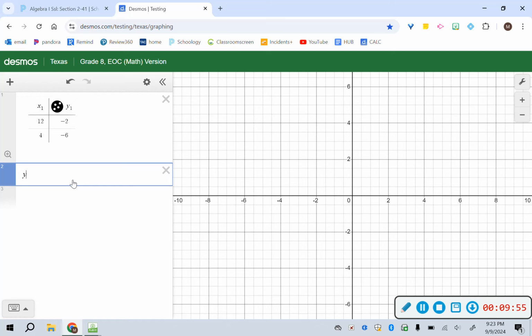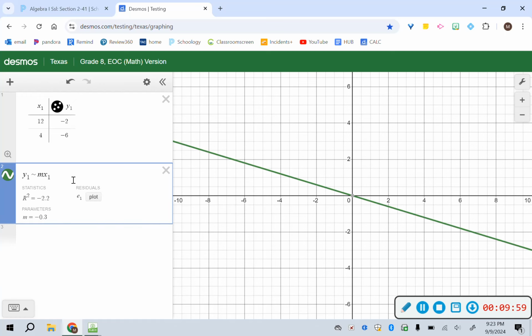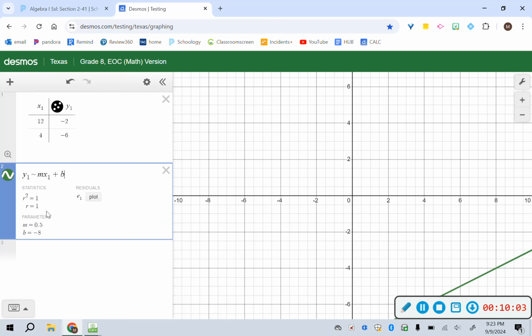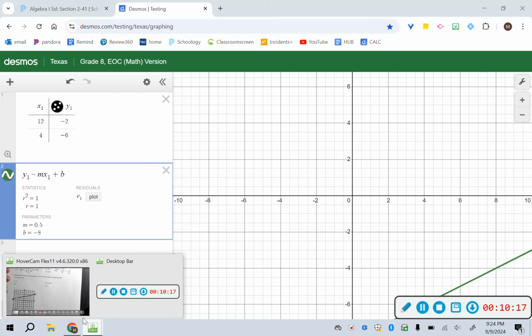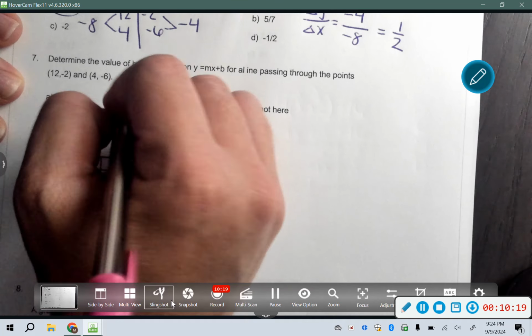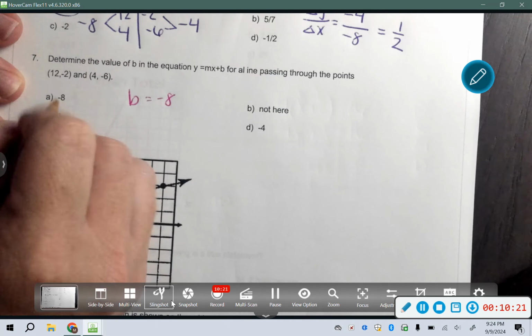So y1 squiggle, mx1 plus b, and it tells me right here. So I know my equation is y equals 0.5x minus 8, but it's asking me just for b, so b equals negative 8. So I know b equals negative 8.